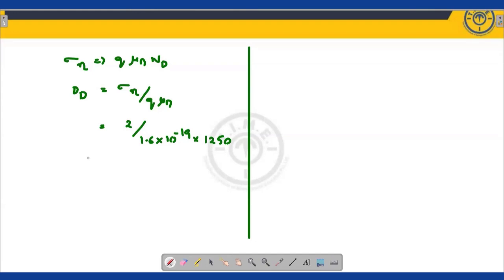So Nd is equal to 1 into 10 power 16 per meter cube. You can use your calculator while doing the problems.